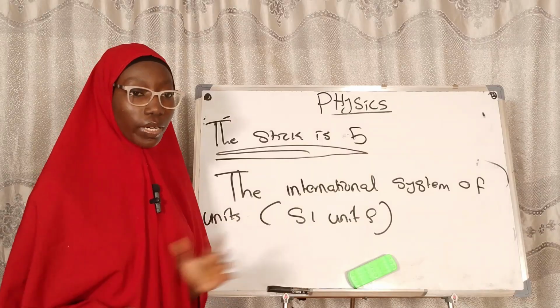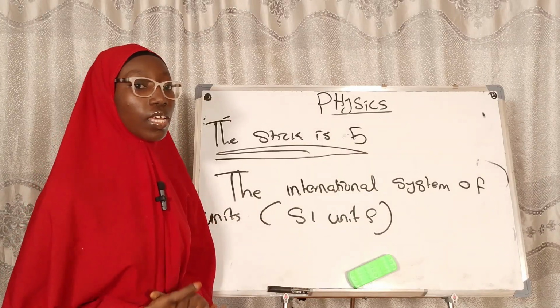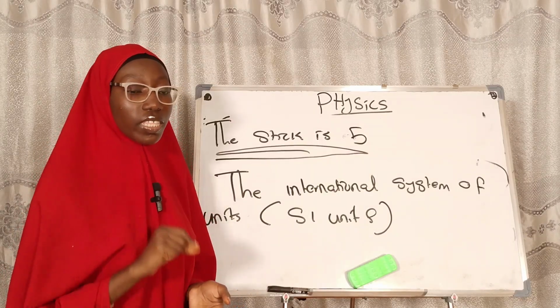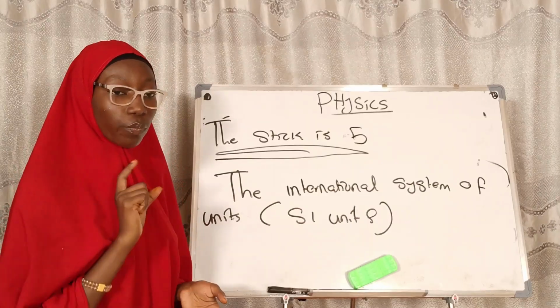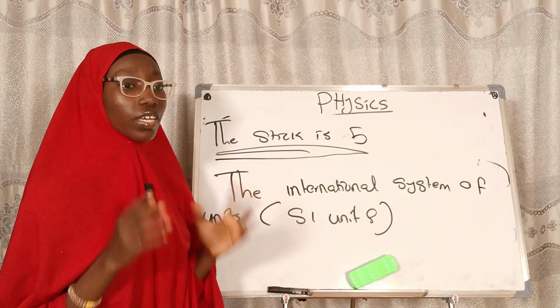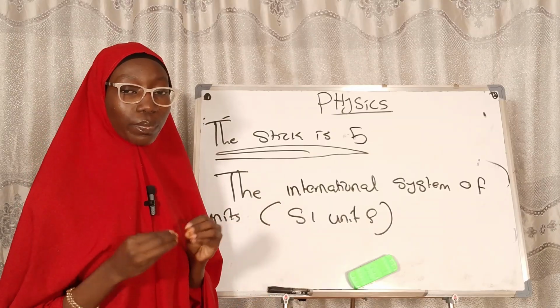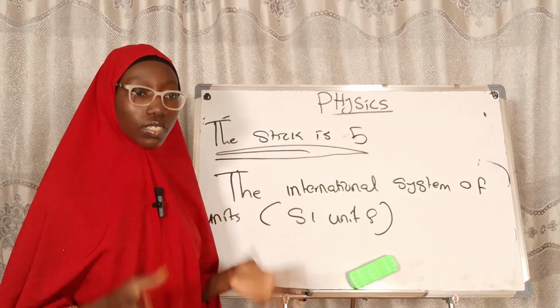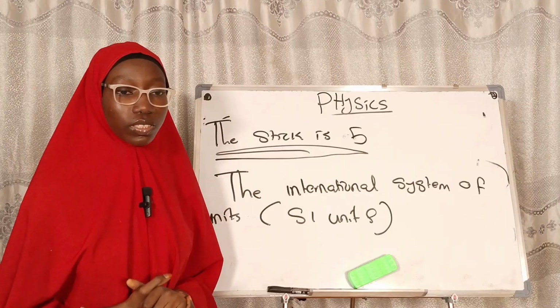Length is more than a number, it's a dimension. In physics, length is one of the 7 base quantities of measurement, a fundamental building block of science. Many other physical quantities are created by combining length with other base quantities.